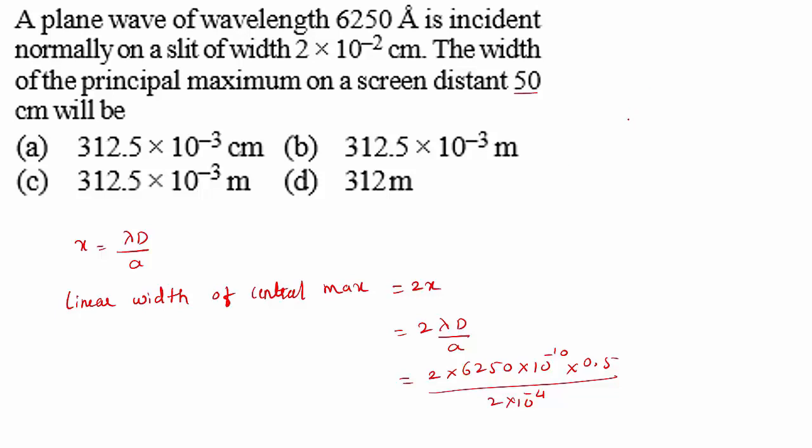Calculate these values. So we will get 3125 into 10 raised to minus 6 meter, or we can write 312.5 into 10 raised to minus 3 centimeter. The answer is 312.5 into 10 raised to minus 3 centimeter. So the option A is right.